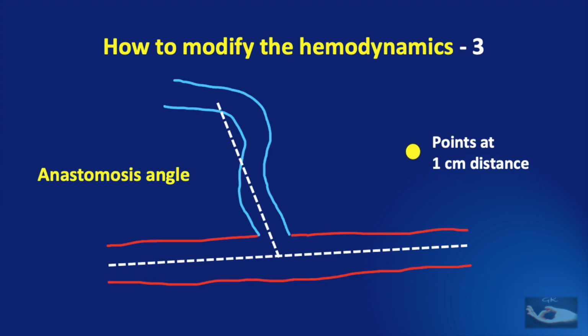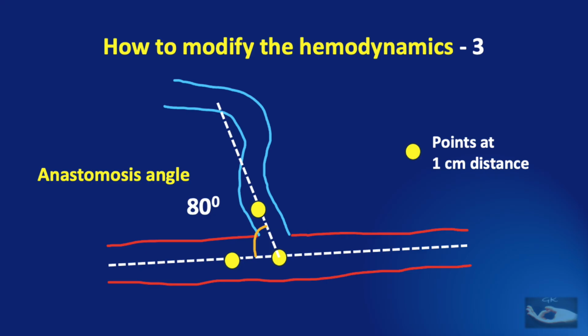To analyze the effects of different angles, the study was done taking 3 points, one point at the axis of the AV fistula, the second point 1 centimeter upstream in the artery, and the third point 1 centimeter downstream in the vein that has been anastomosed.